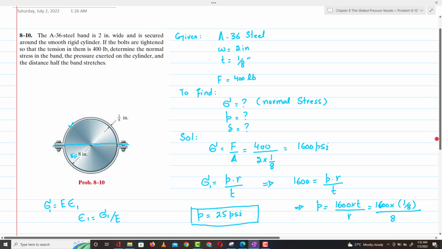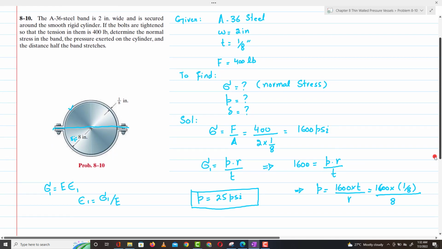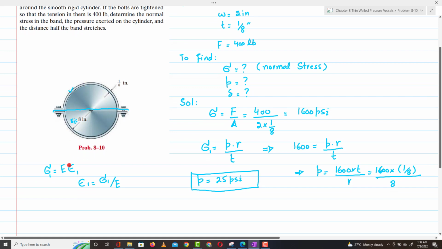Now if you check at the end of the book, the property table for A36, you will get this value of E. I will write it: sigma 1 is equal to 1600 psi, and E for A36 structural steel is 29 into 10 to the power 6 psi.